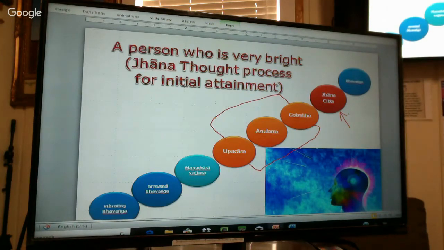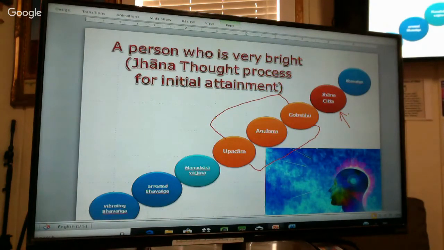Once you are good at that, after practice, they can sit for that long. But for somebody to just have one jhana moment and then sit for any longer time seems impossible. Yeah, impossible. Somebody has to train themselves to sit for a shorter period of time first.